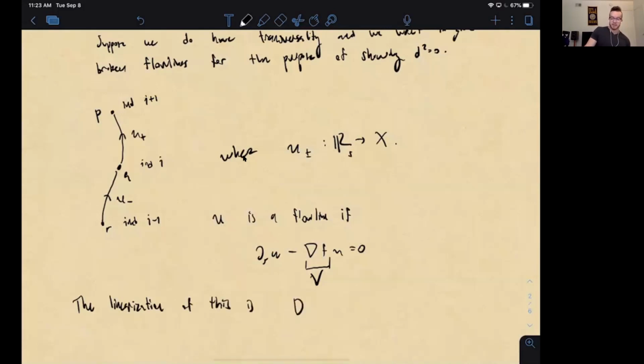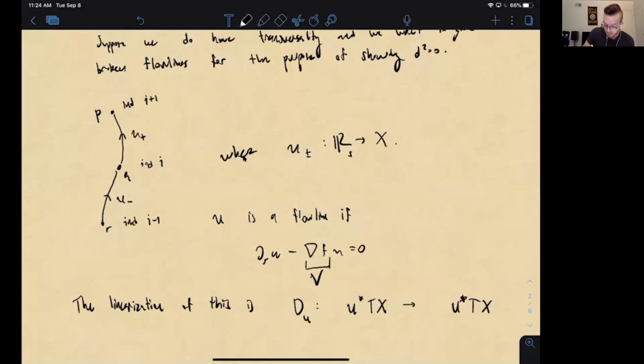This is going to eat a section of the pulled back tangent bundle, so the tangent bundle over the flow line. And then eventually, what's going to happen here in a bit is we want to use a contraction mapping type argument. So we want a complete space. So we actually need to consider some Banach space completion of these things.